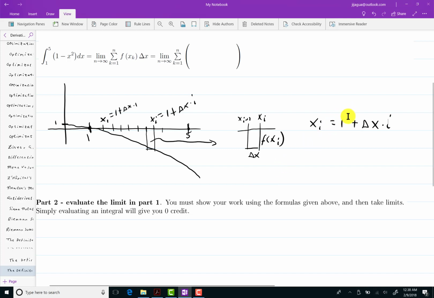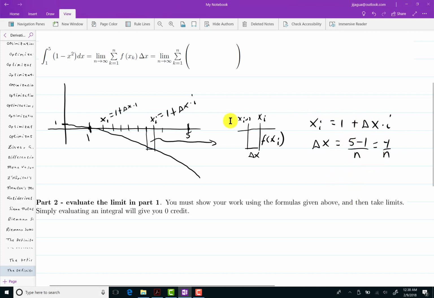Now, what is delta x? Well, remember, delta x is always the end of the interval, which is 5, minus the beginning of the interval, which is 1, over n. 5 minus 1 over n equals 4 over n. So that's what my x sub i is: 1 plus 4 over n times i.